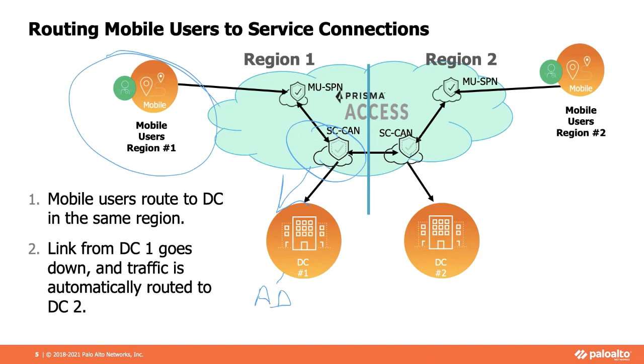Again, this follows the same idea that a mobile user, as well as a remote user that we just talked about, is going to hit the closest service connection, the closest corporate access node, down that service connection to reach the service they need.